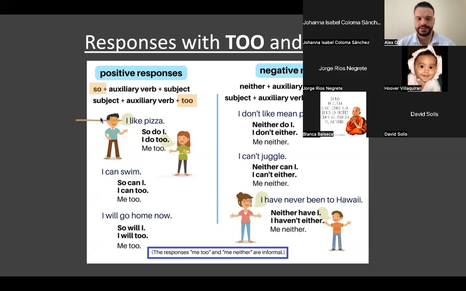Joanna, can you read this first example for me, please? I like pizza. Excellent. And then we can respond by saying, so do I. So we have so plus the auxiliary plus the subject. So do I. Let's make this a different color, guys.